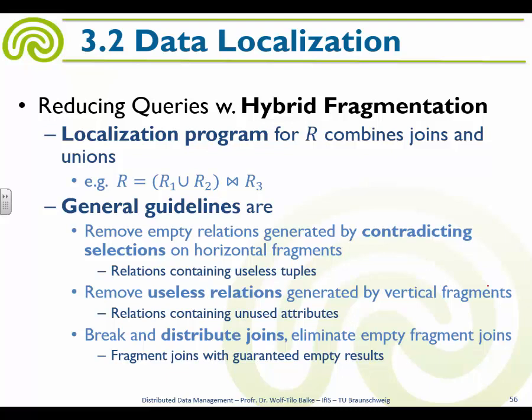So we won't do that. Same thing. Now let's look at hybrid fragmentation. Let's say the localization program, like we had, consisted of the reconstruction of a table, R1 union R2, and then a third thing is joined on top of that. The same guidelines apply as before. If we have empty relations generated by contradicting selections, just remove them, all the relations containing tuples that you will never use.